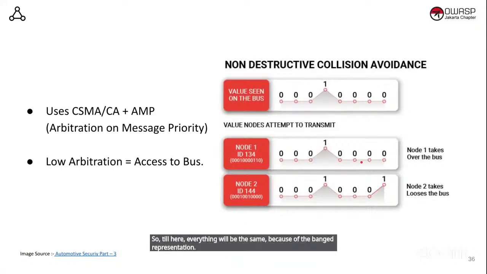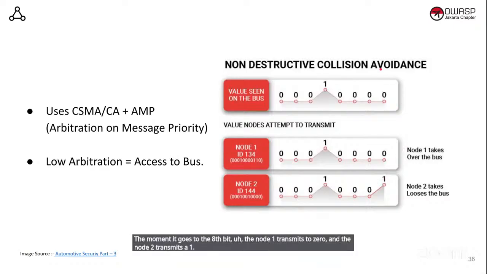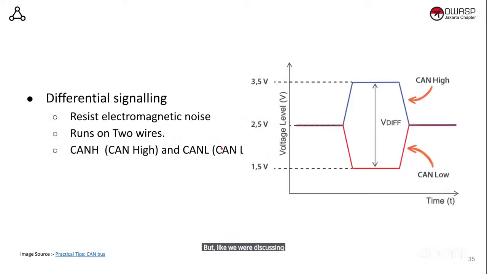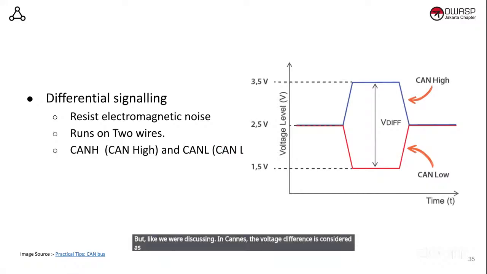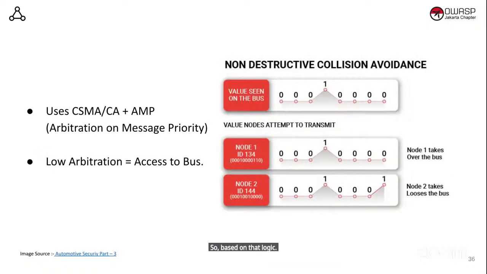The moment it goes to the 8th bit, node 1 transmits a 0 and node 2 transmits a 1. But like we were discussing, in CAN, the voltage difference is considered as 0, and no voltage difference is considered as 1. We'll also see another slide there, which might be easier to understand.